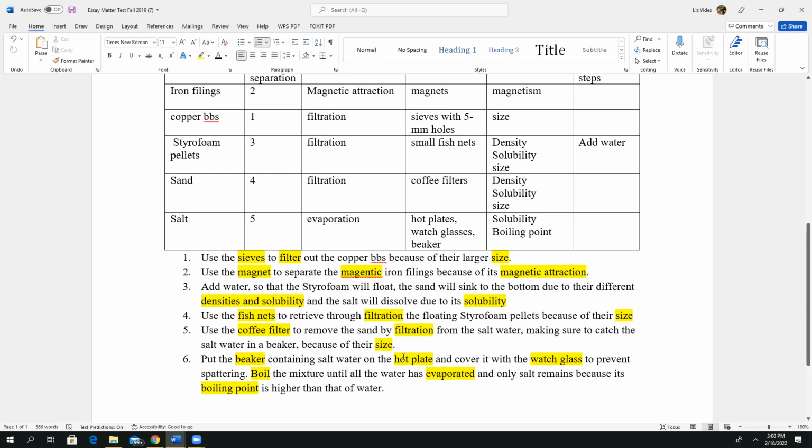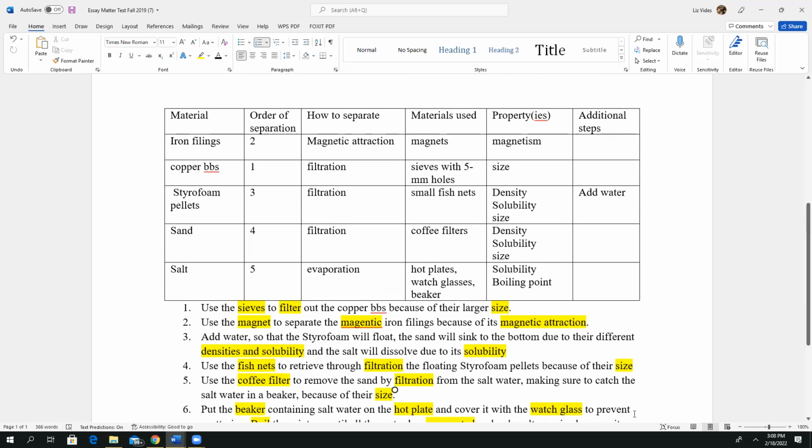And then this one, you got all your stuff. You're boiling, you're evaporating, and boiling point. So you got all 6. So that's all 15 plus your 5. You would have gotten a 20 out of 20 with this one. You see? If you hadn't done this part, is what I'm saying.